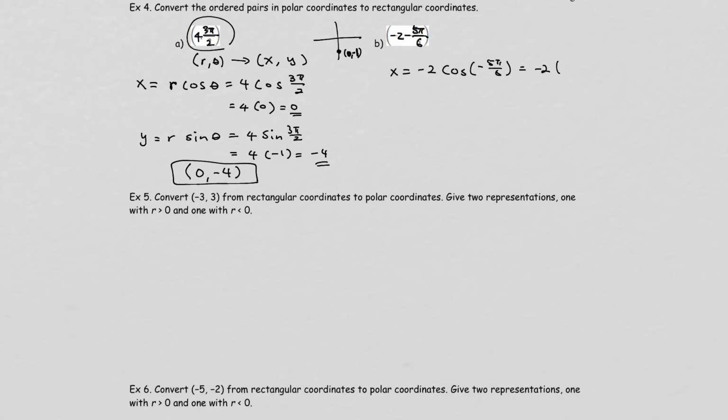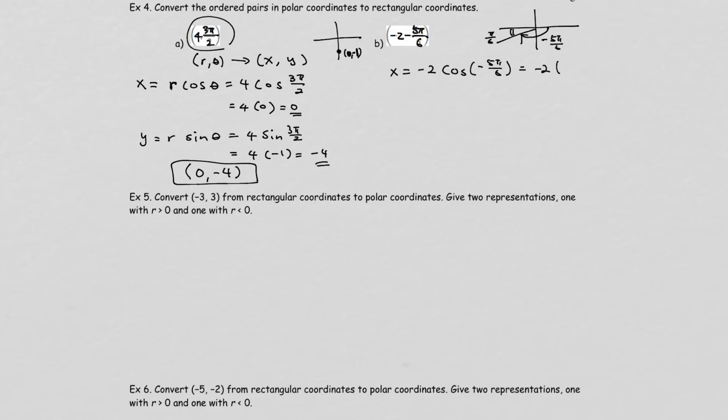We're looking at 5 pi over 6, which is pi over 6 in the third quadrant. So the reference angle that we're looking at is pi over 6.